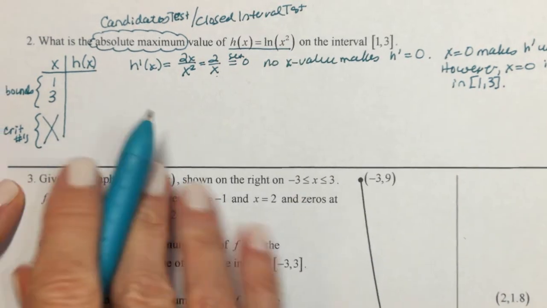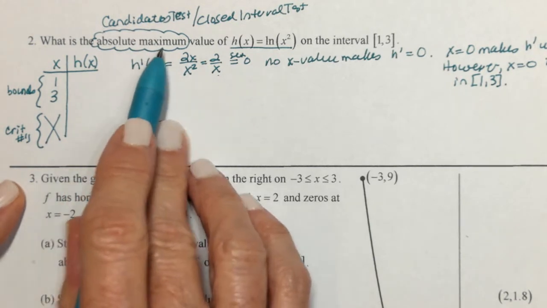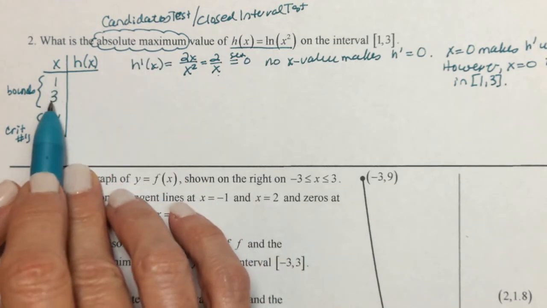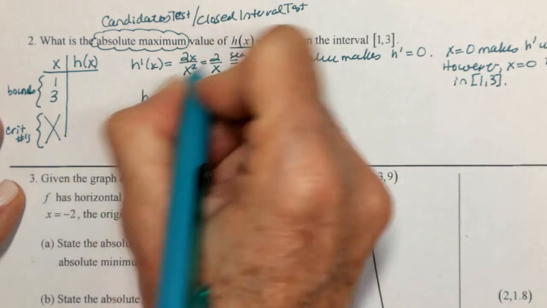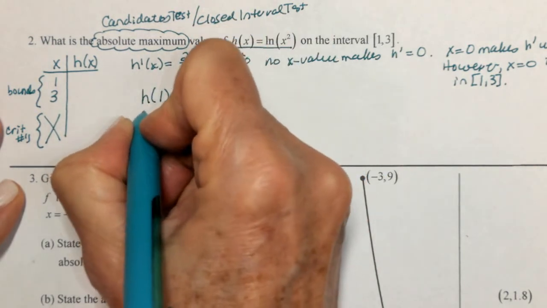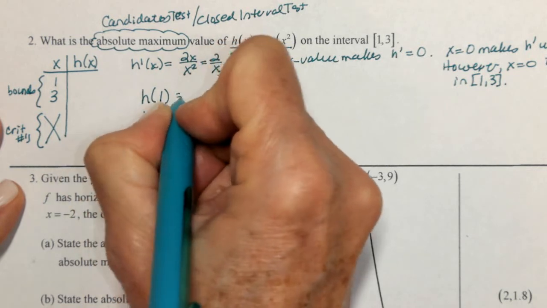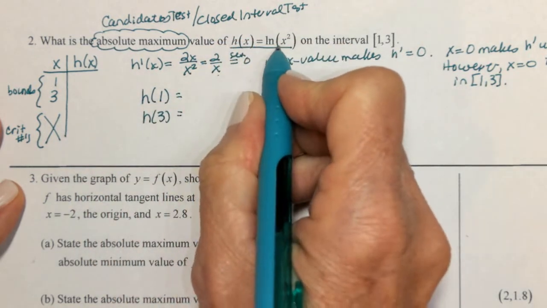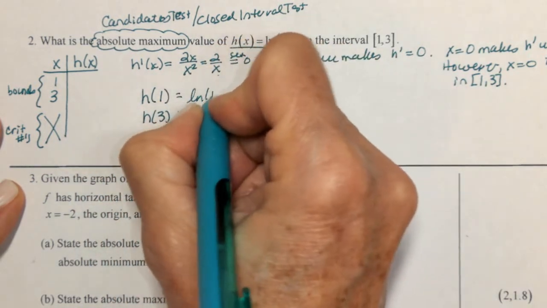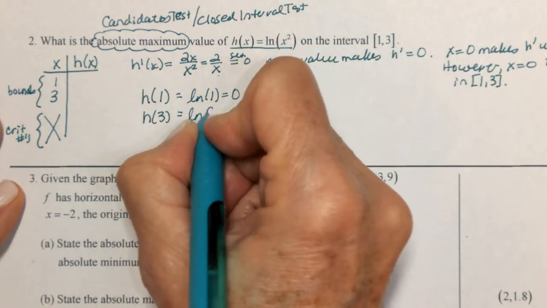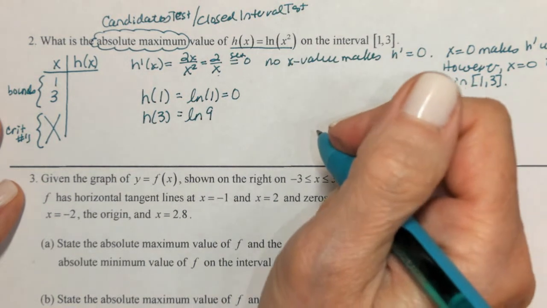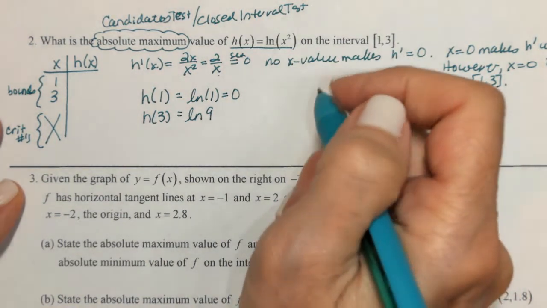So the only candidates for our absolute maximum value are x equals 1 and x equals 3. To find out which one is the maximum, I'm going to just find h of 1 and h of 3 and see which one is highest. So h of 1 will have ln of 1, which is 0. h of 3 will have ln of 9, which is greater than 0.